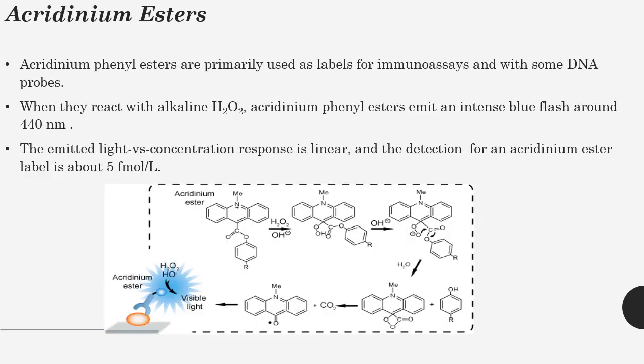Another example of a chemiluminescence label is acridinium ester. An exposure of an acridinium ester label to an alkaline hydrogen peroxide solution also triggers a flash of light.